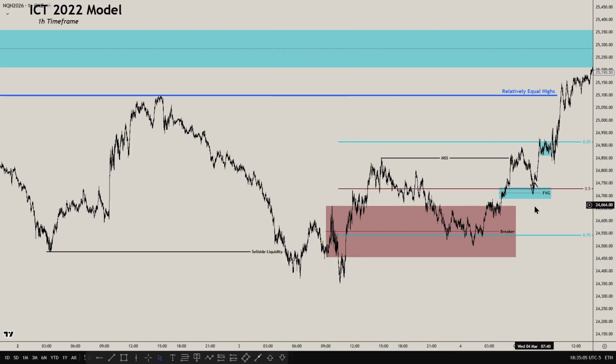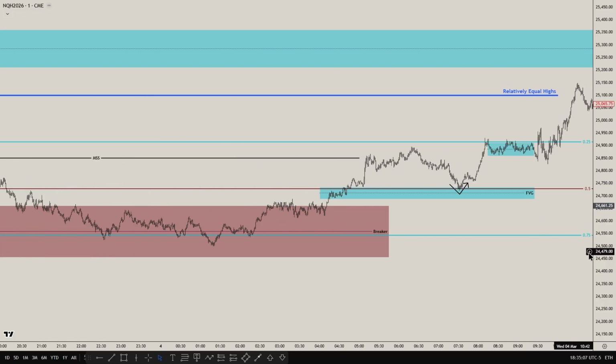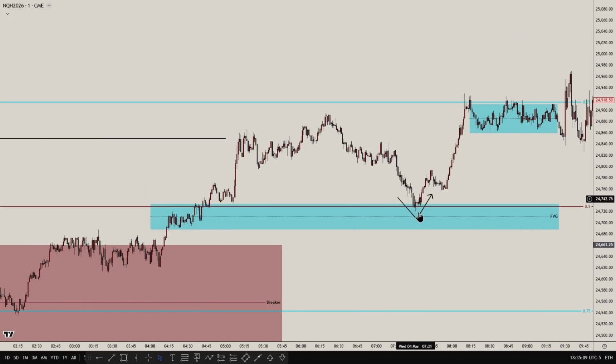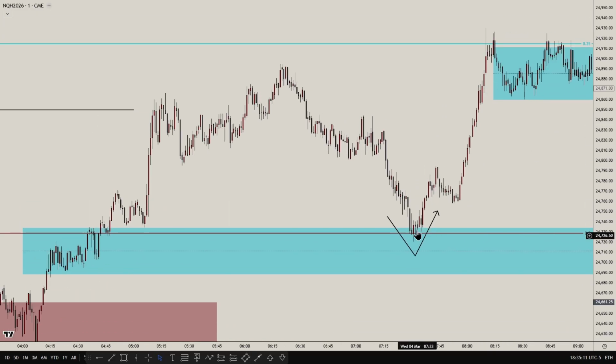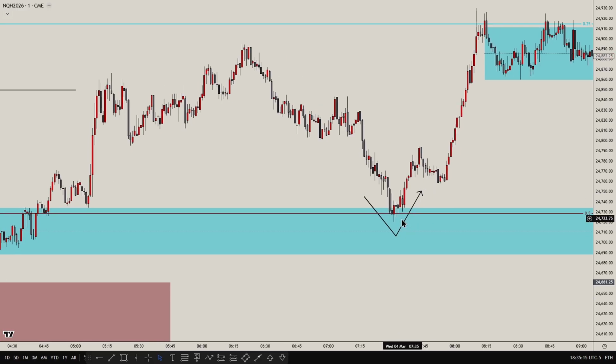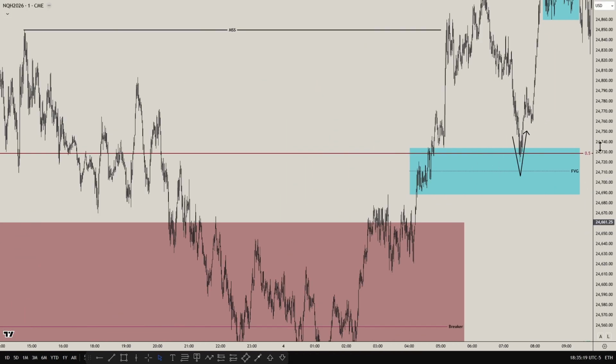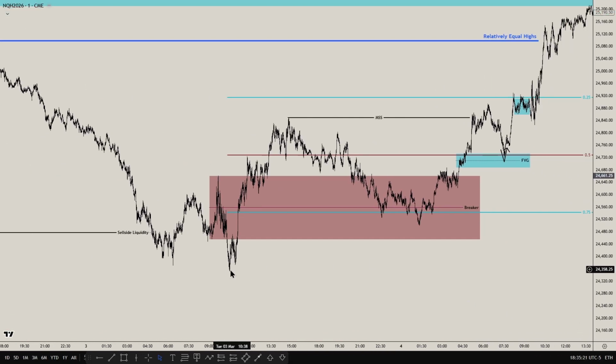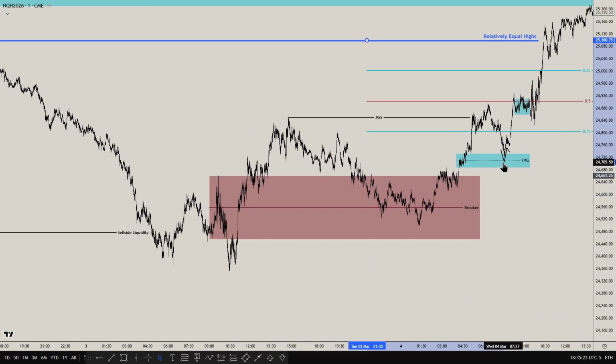Because if we were only looking for an entry in the discount, the only thing we would have is this, a couple ticks. I mean, it is perfect precision, but you would have had to have a perfect precision entry if you limited yourself there. So rather than looking at the entire hourly perspective move, we can look at the 1 minute perspective.